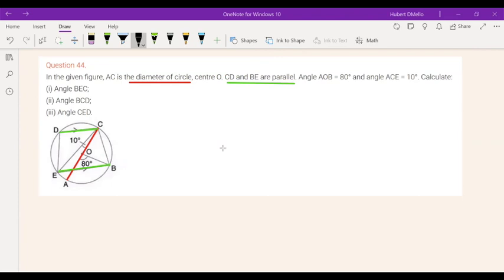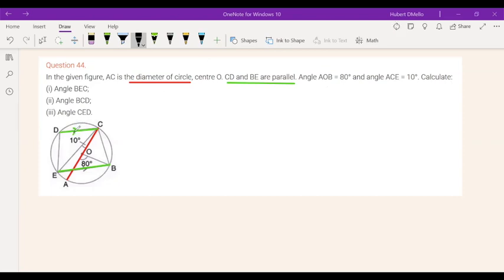Angle DEC is equal to, say that again. So, angle AOB, given, is 80. And angle ACB will be 40 because it's of the same segment.